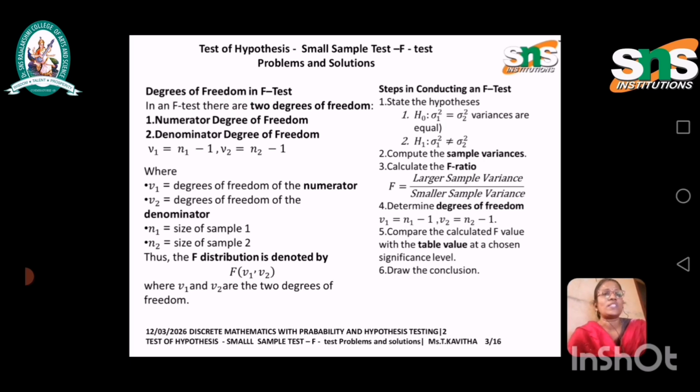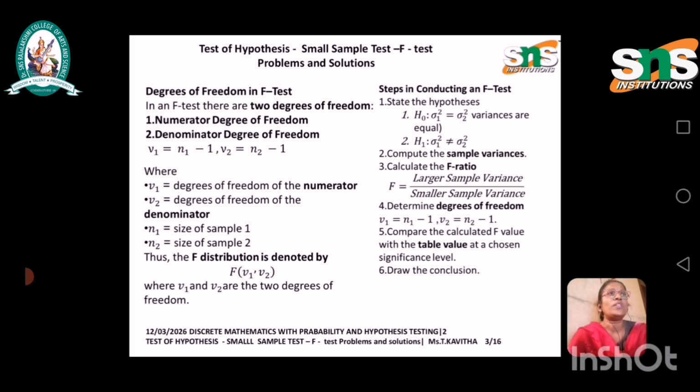Steps in conducting an F-test. The first step is to state the hypotheses. Null hypothesis H0: sigma 1 square is equal to sigma 2 square, variances are equal. Alternative hypothesis H1: sigma 1 square is not equal to sigma 2 square. Step 2 is to compute the sample variances.